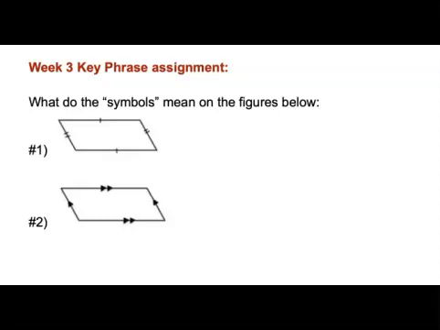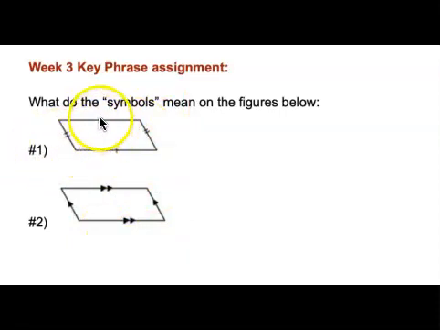This week's key phrase assignment has 2 parts. We talked and reviewed some symbols this week. We see a lot of these different symbols when we're looking at the different sides of figures, and I just wanted to make sure everybody is clear on what these symbols mean. We did review that in this recording.